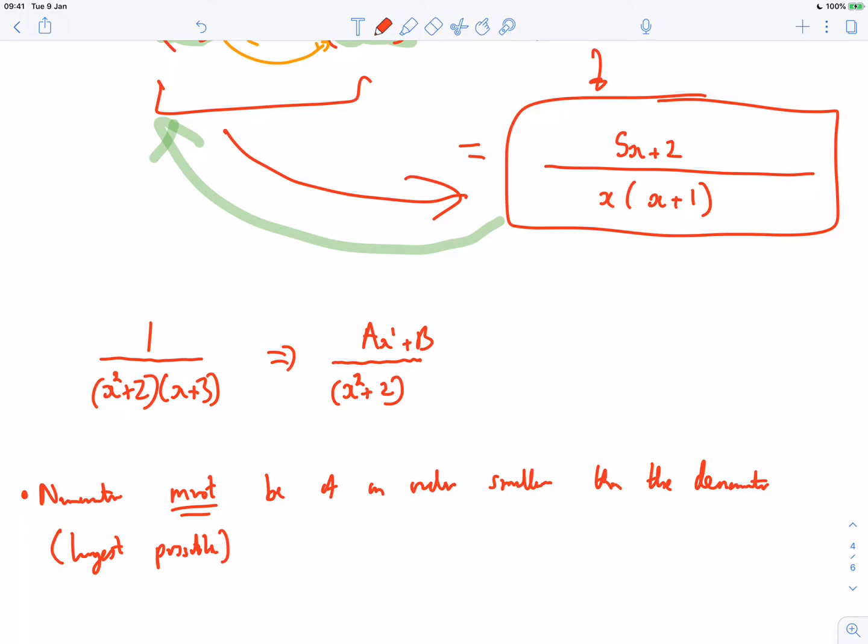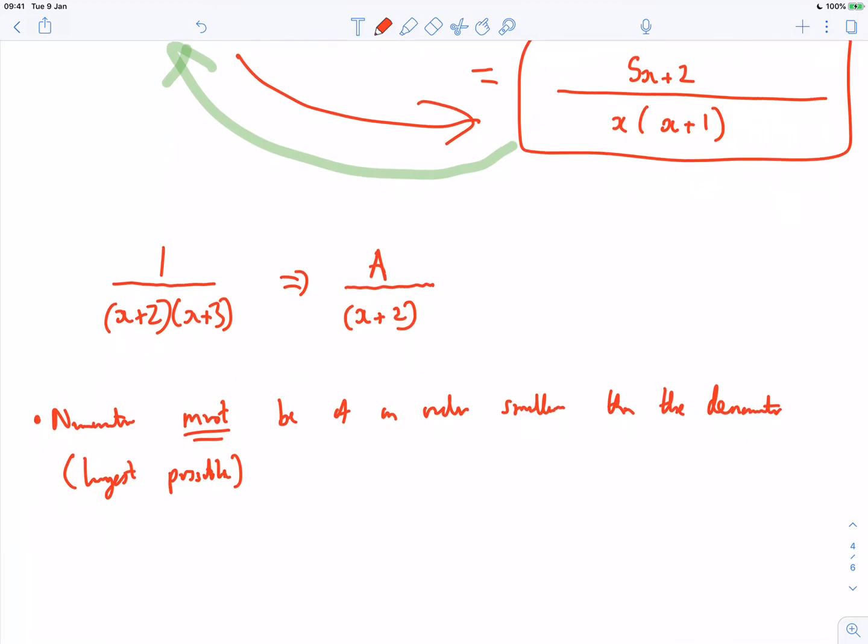And more than happy to go through an example of that, but I'm hoping if I go through 1 or 2 examples, we'll get it. So the numerator must be an order smaller than the denominator. That's key. And the easy way of checking that is check the powers.